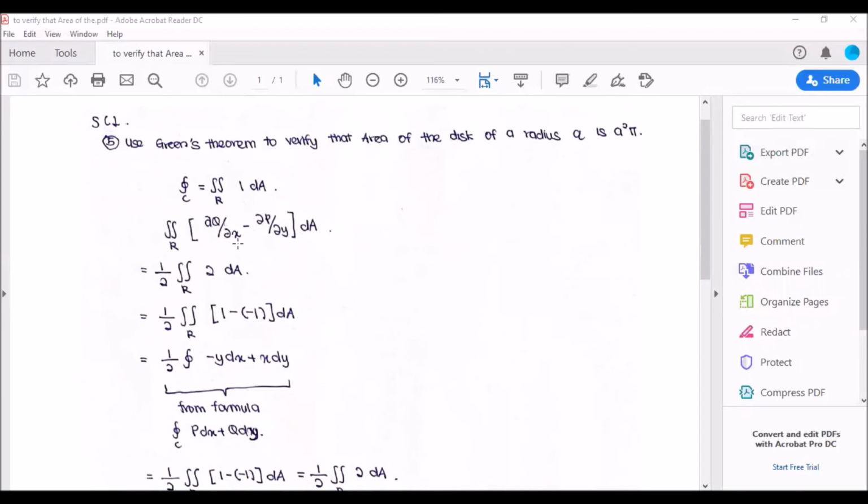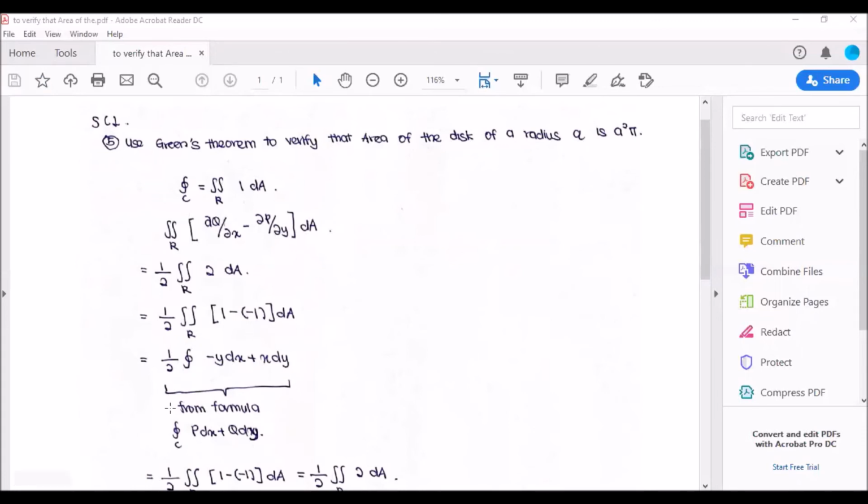Actually, if we just cut it, it will become this question. It's just the same, but we make it 2 for us to split more easily into 2 like this. So how can we get 2 from this formula? What minus what gives 2? It is 1 minus -1. So we make it like this, and this is actually from the formula negative y dx plus x dy.